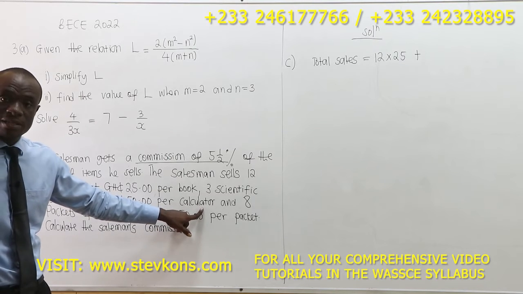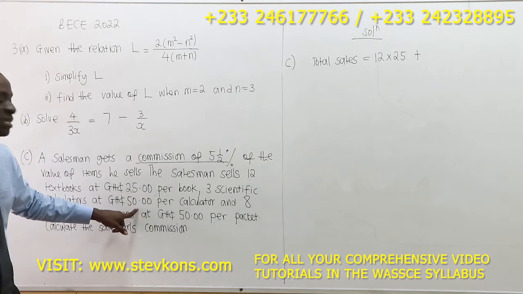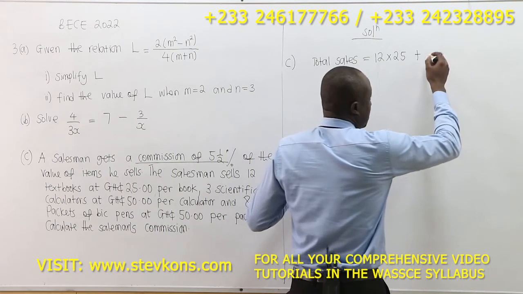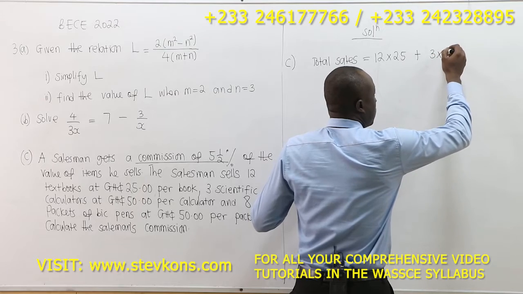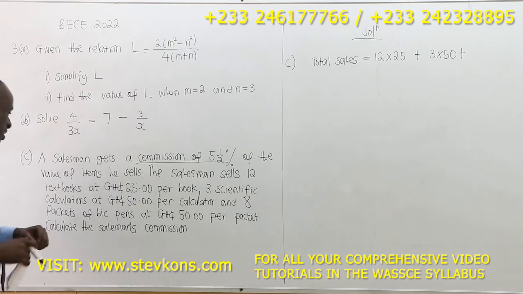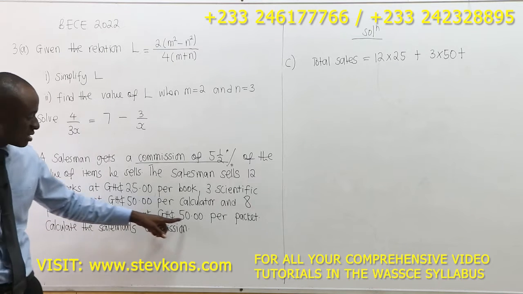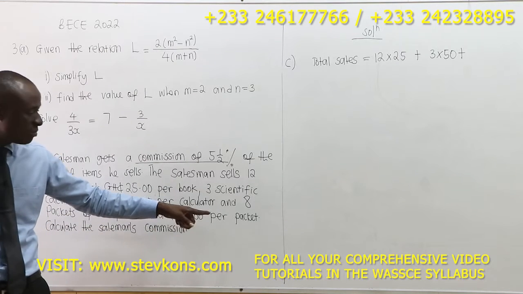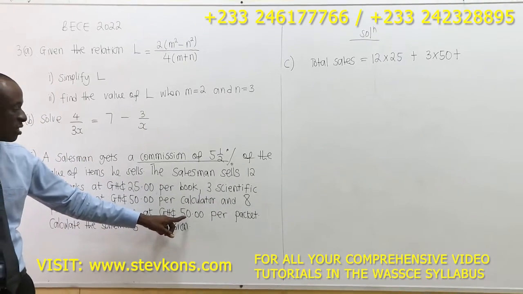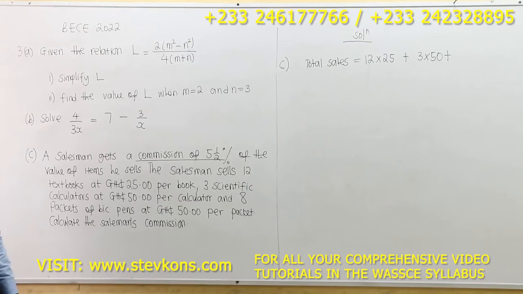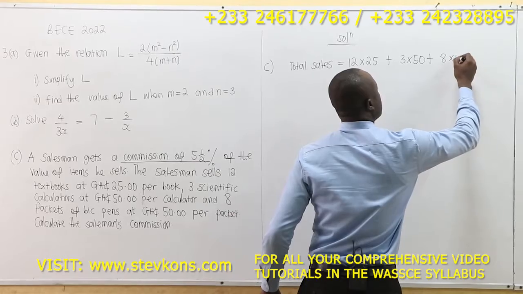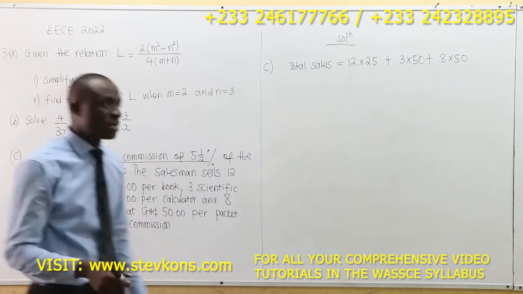So each calculator costs 50 cedis, and he sold 3. So 3 times 50, plus 8 packets of big pens at 50 per packet. The quantity is 8, and each one costs 50. So the total for the big pens will be 8 times 50. This would be the total sales.